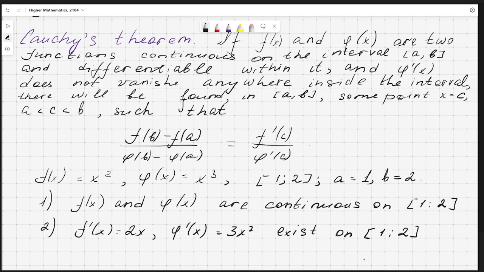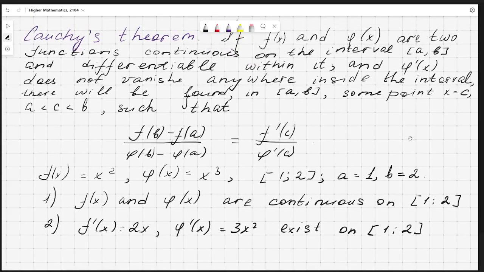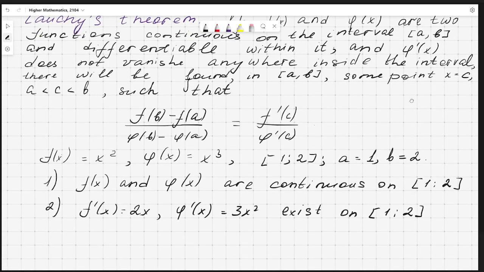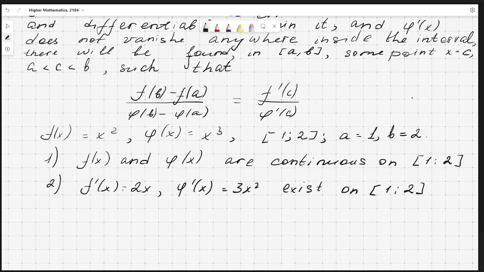Then phi prime of x equals 3x squared does not vanish inside the interval.